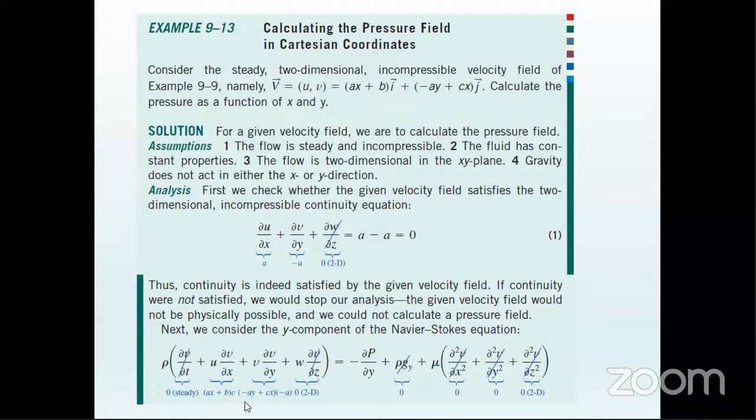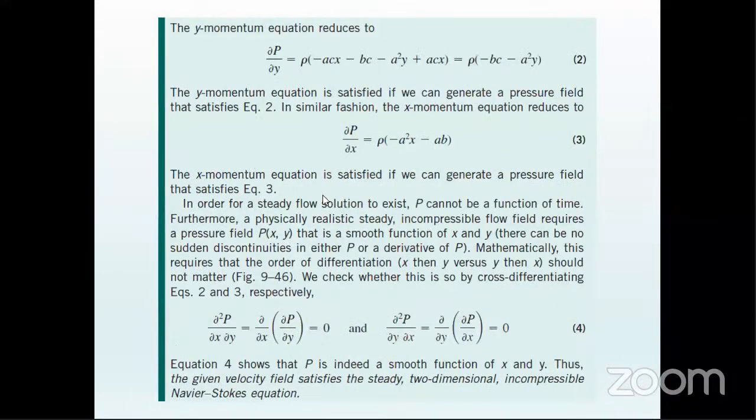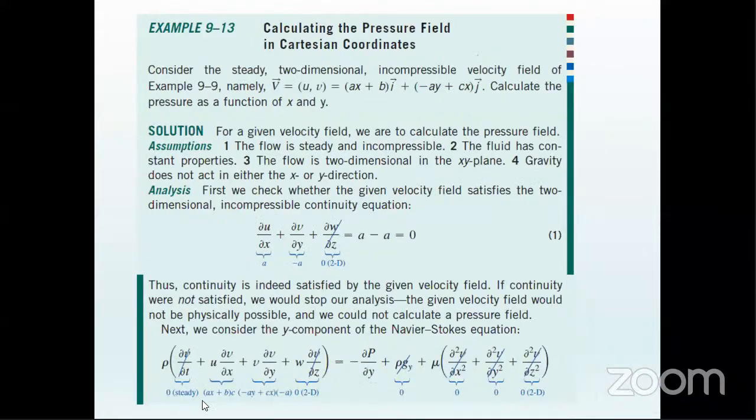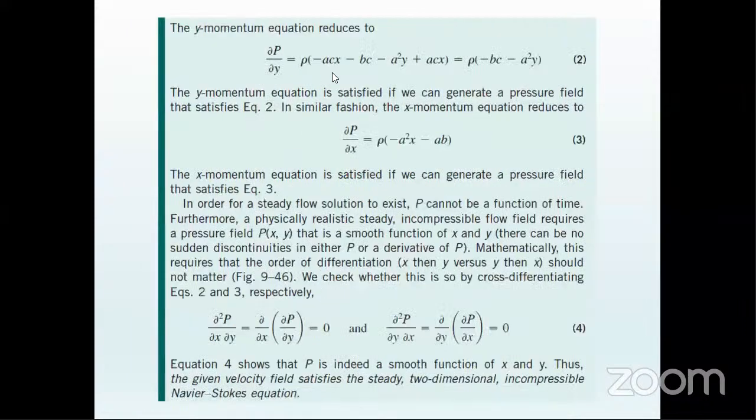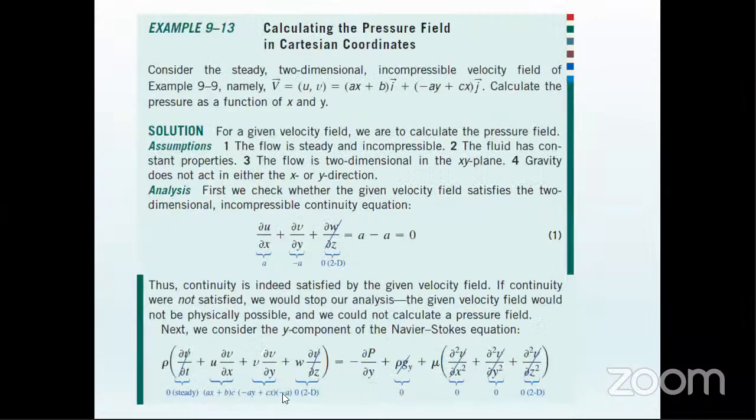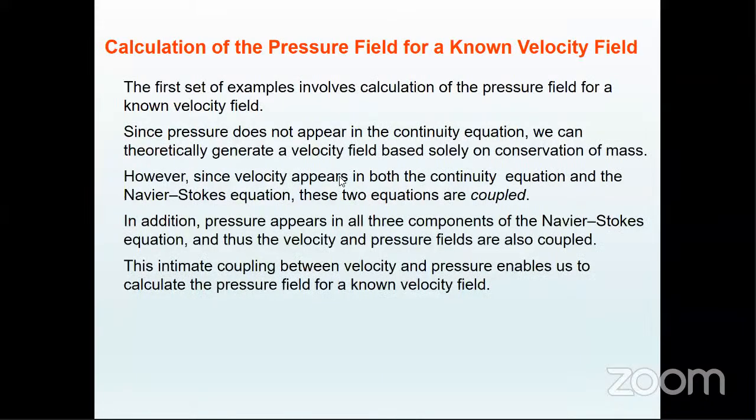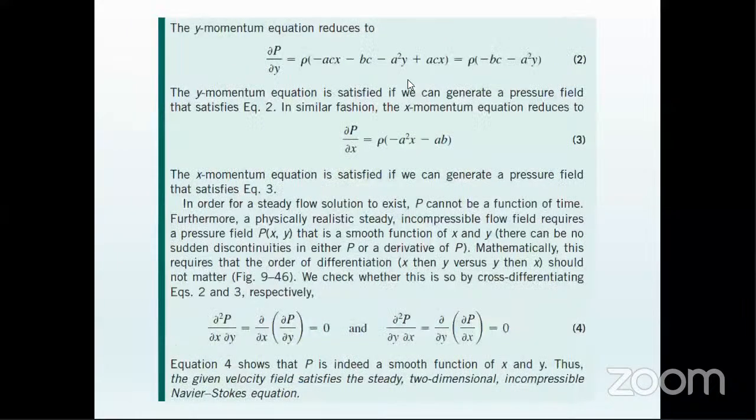Okay, then which is the term we are having? Ax plus b times c minus ay plus cx times minus a. That must be equal to minus del p by del y. If that is the case, in the y momentum equation, del p by del y must be equal to rho times minus acx minus bc minus a square y plus acx.